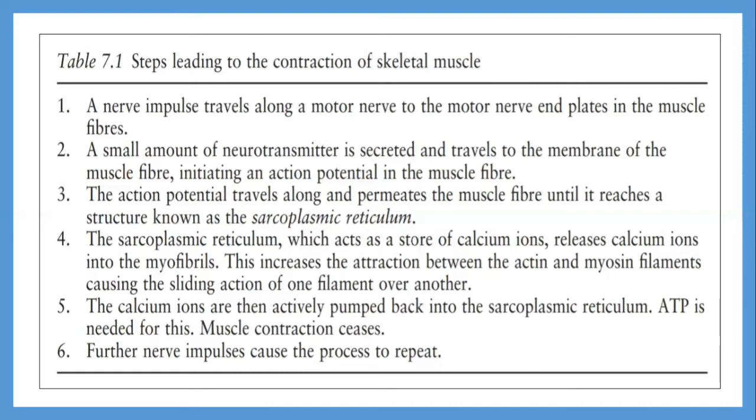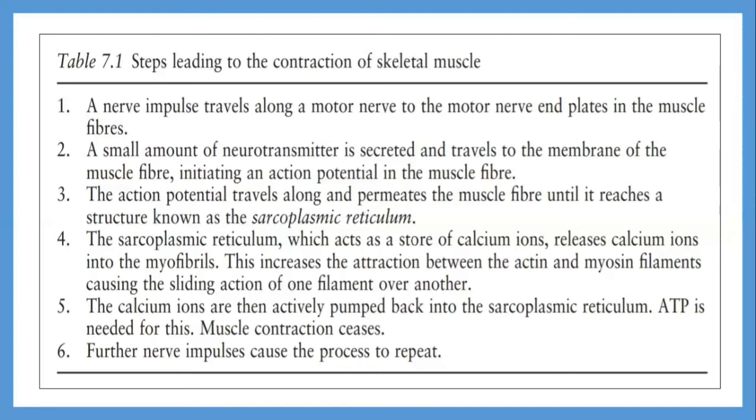And fourth step, the sarcoplasmic reticulum, which acts as a store of calcium ions, releases calcium ions into the myofibrils. This increases the attraction between the actin and myosin filaments, causing the sliding action of one filament over another.